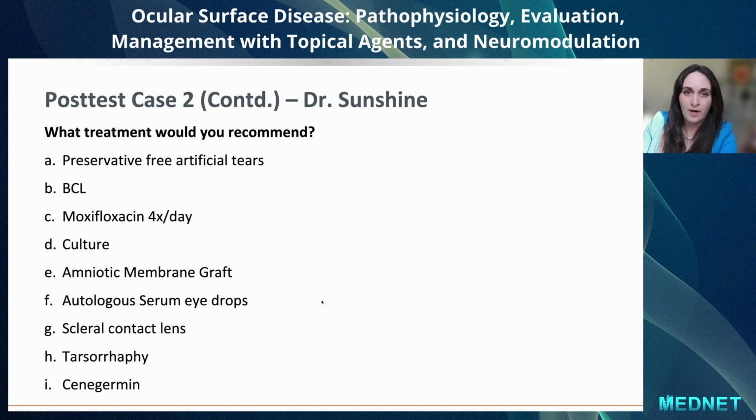So what treatment would you recommend? Again, we have preservative-free artificial tears, bandaged contact lenses, moxifloxacin, culture, amniotic membrane graft, serum eye drops, scleral contact lens, tarsorrhaphy, and Oxervate, or A, B, C, and D. Again, this is the first thing that you want to do when this patient presents.